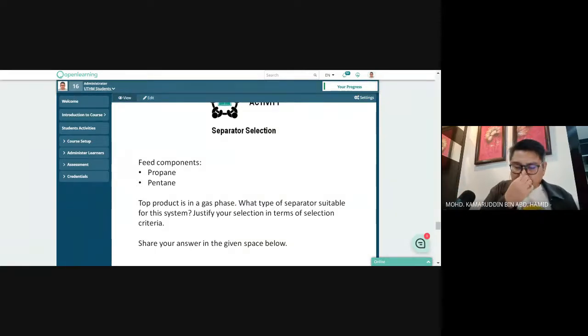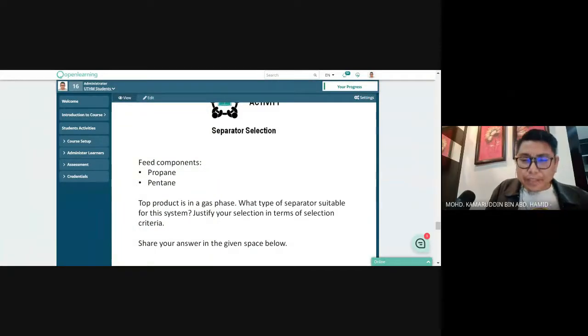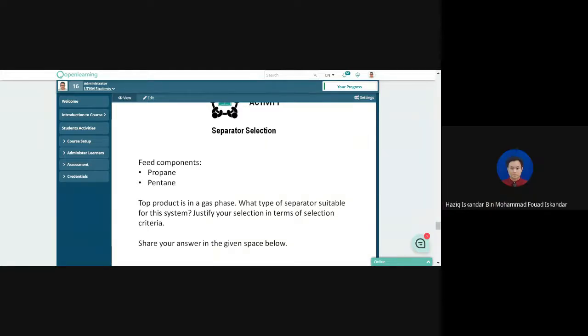What kind of separator that you will use based on this situation? Distillation column. Siapa yang jawab? Pakai distillation column. Syed Iskandar. Why? Okay, propane dengan pentane dia apa under carbon ni tu kan.